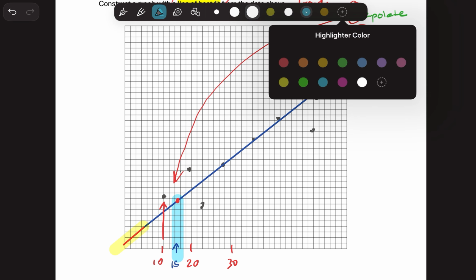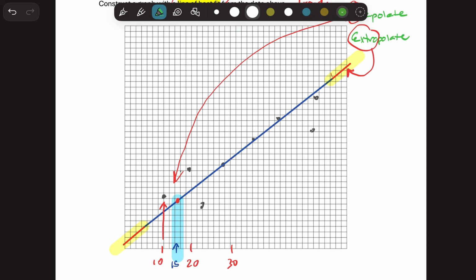I'm going to grab a nice funny color to highlight that one. These values right there, because they're on the outside, they're beyond my points. Actually, it's this entire value from beyond my last point. That's extrapolation, because I'm looking at what would be my value if I continued.